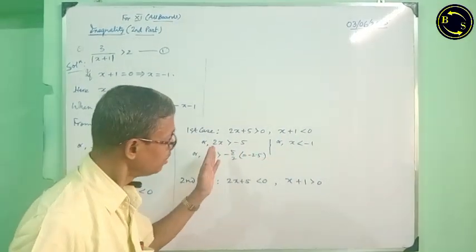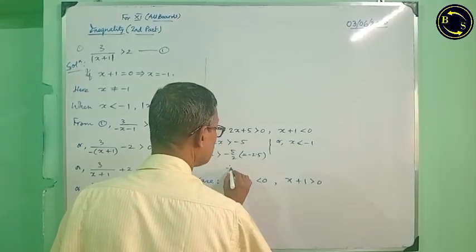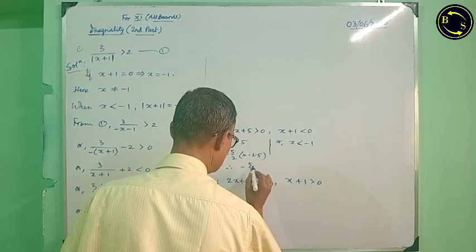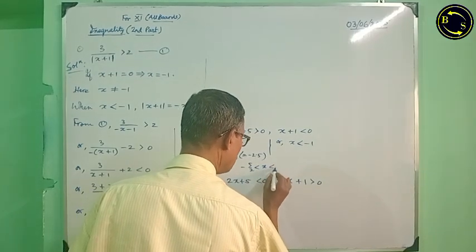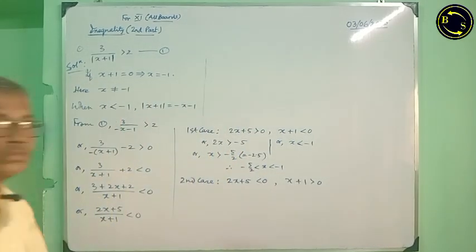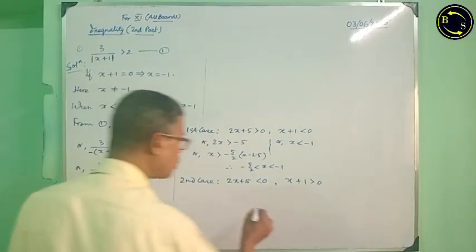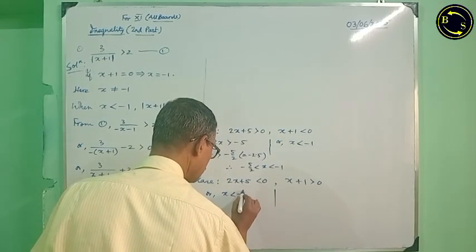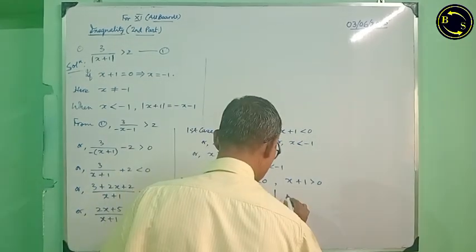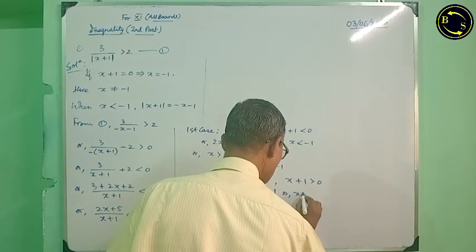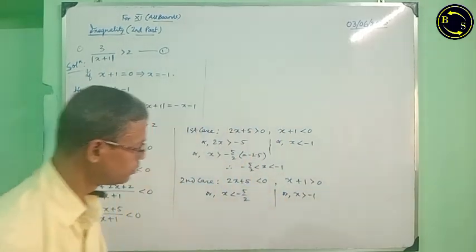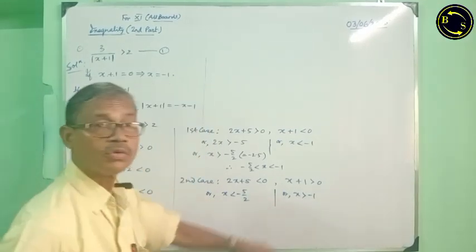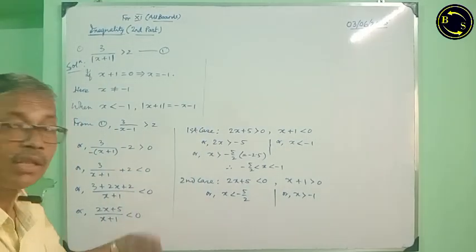Therefore, the interval will be, and if we solve these two, x less than minus 5 by 2, x greater than minus 1, which is not possible for a single x.